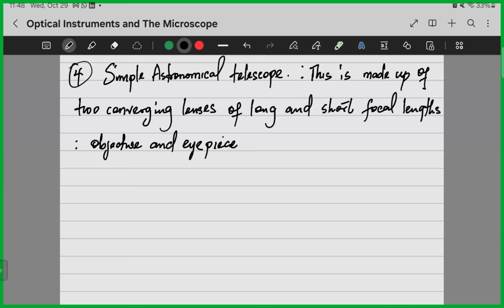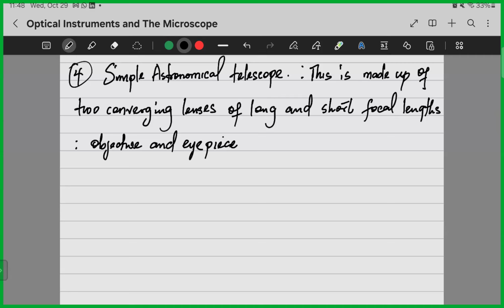Take note of that. Virtual, erect, and magnified. The acronym for that is VEM. You see, these points help you answer questions about divergent lens and convergent lens. So please take note of it.